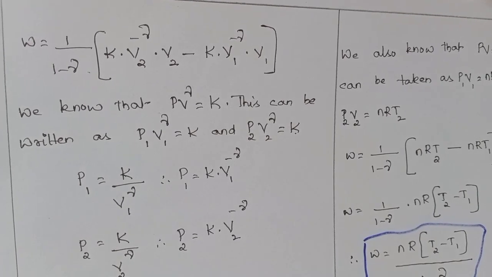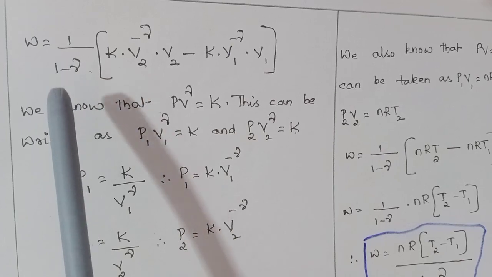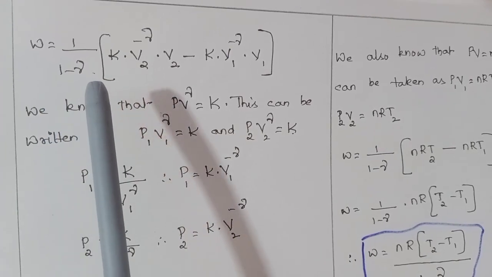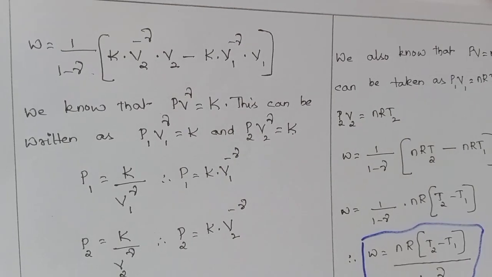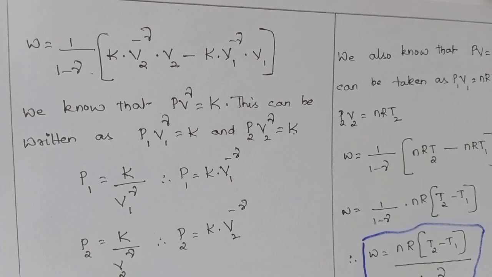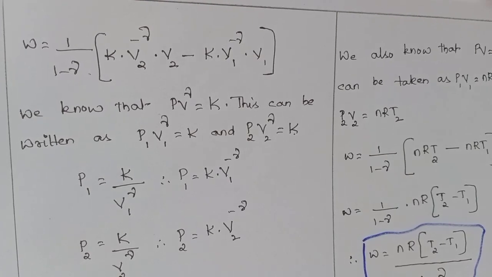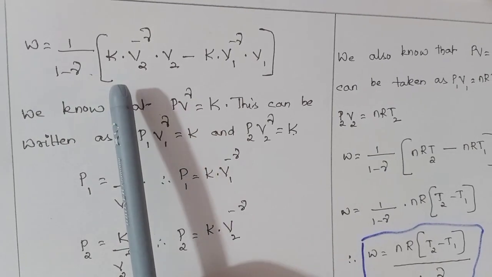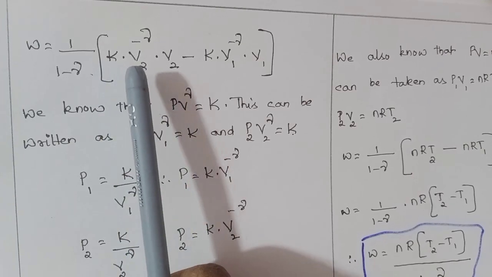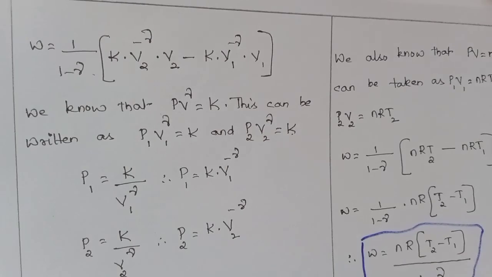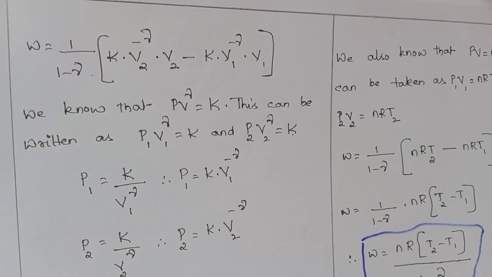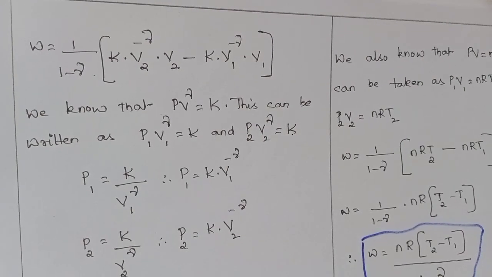W is equal to 1 by 1 minus gamma, as it is I have written. But inside there is a simple logic. So we have v2 to the power minus gamma plus 1. That can be expanded like this. How? k into v2 to the power minus gamma into v2 to the power 1. Together it becomes v2 to the power minus gamma plus 1 only.